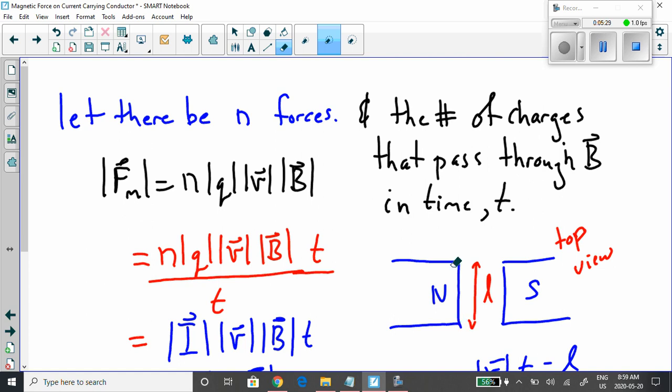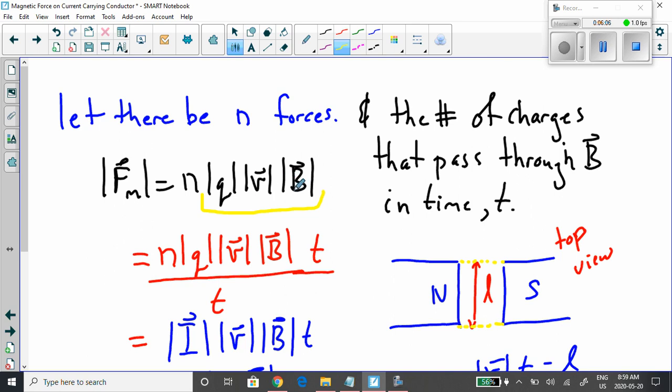Flow through this confined area where the magnetic field exists. We're going to simplify this and say the magnetic field only exists in here, confined in here. And we're going to say in a certain amount of time, let n charged particles flow through here. So that means the magnetic force would equal the magnetic force on an individual particle. Each particle has this force on it, but there's n of them. So the total magnetic force becomes n times the charge on each one.